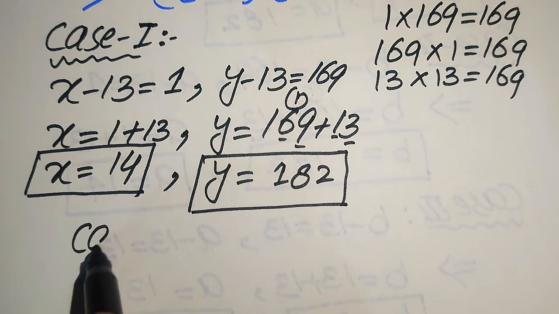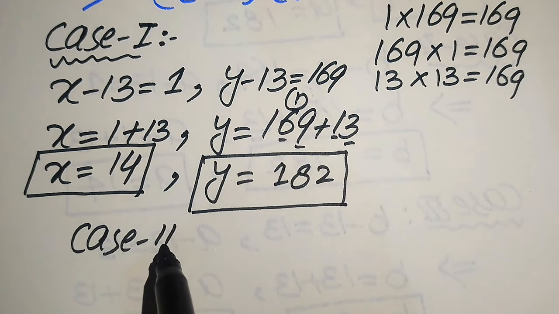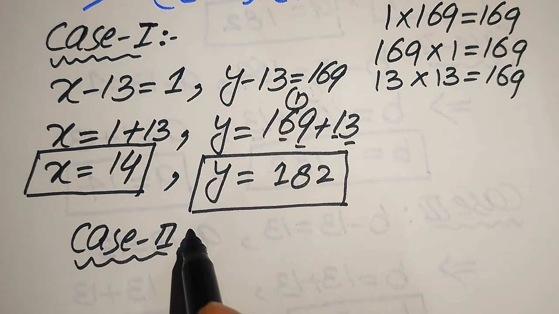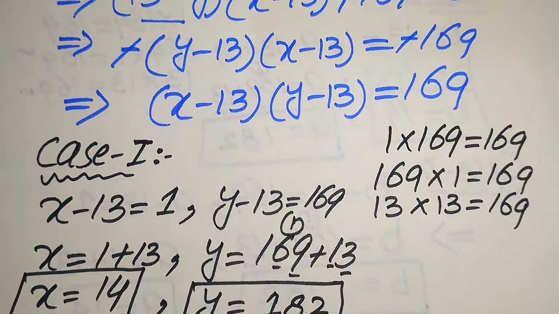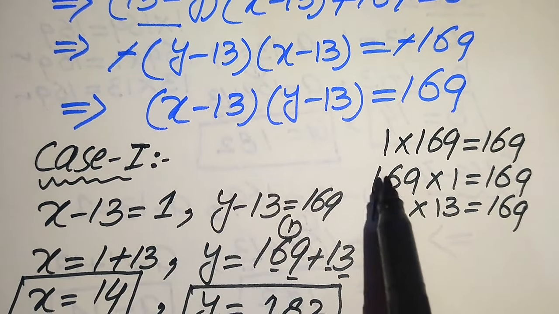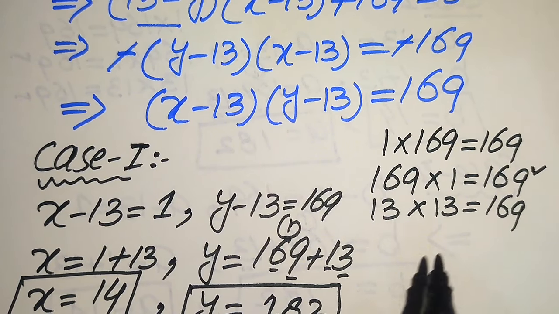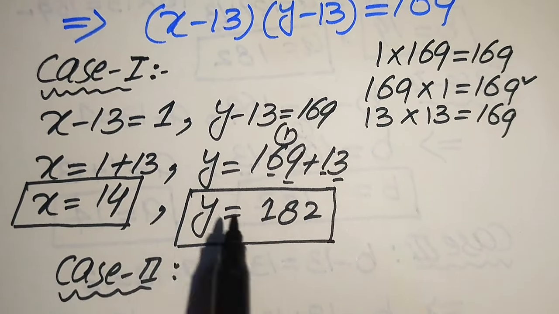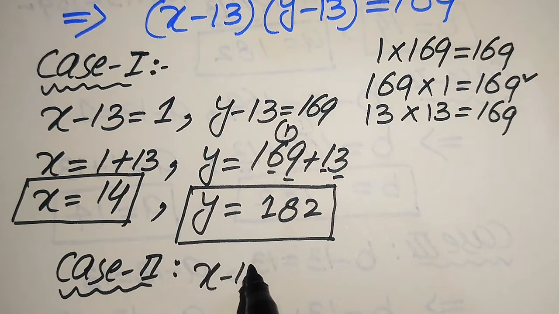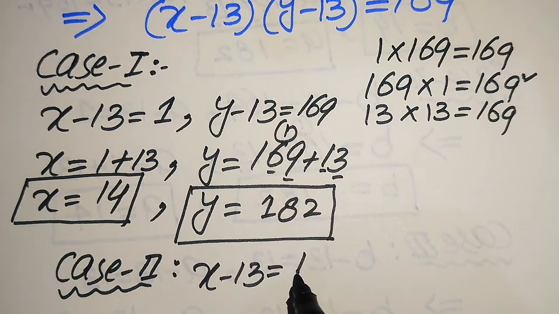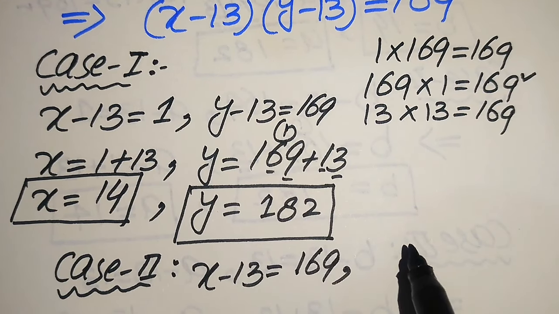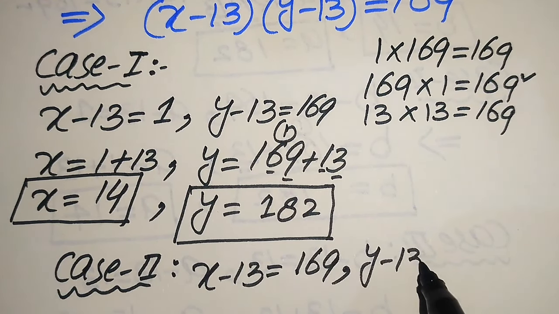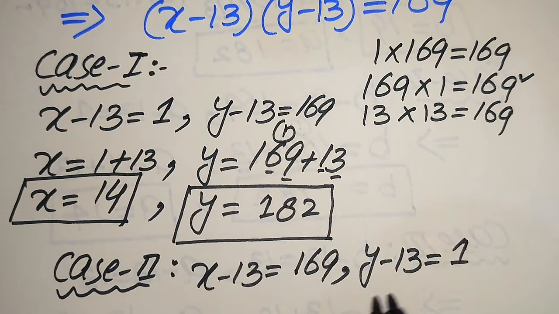And now we move forward to our second case. In the second case, we need to compare these two factors with the second values. So in the second values, we get x minus 13 equals 169 and y minus 13 equals 1 only.